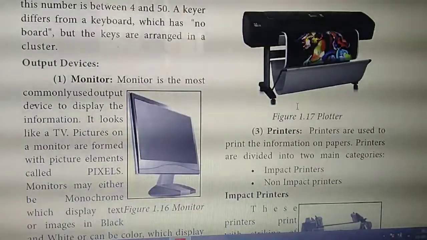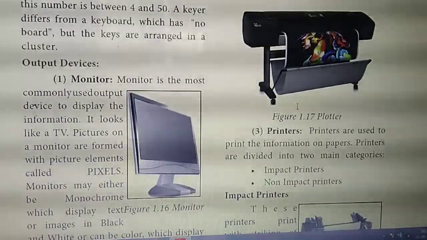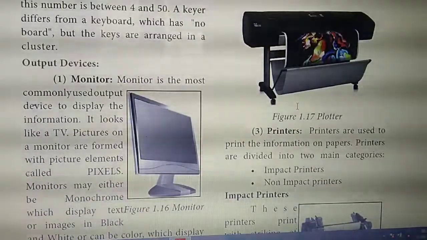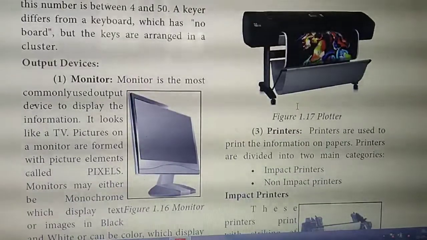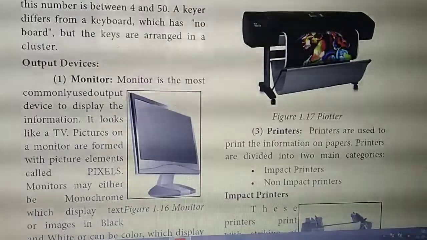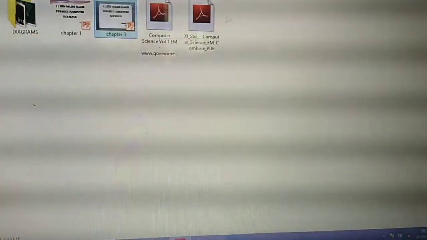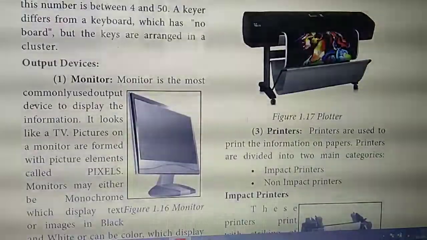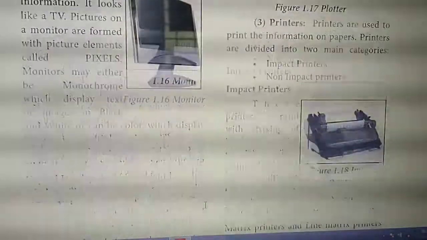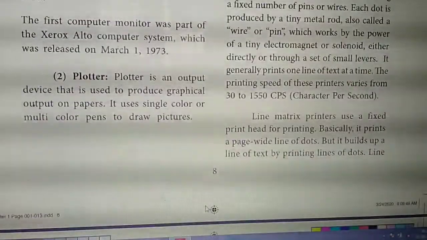Understand? Have you all marked? Have you all marked 3 output devices?